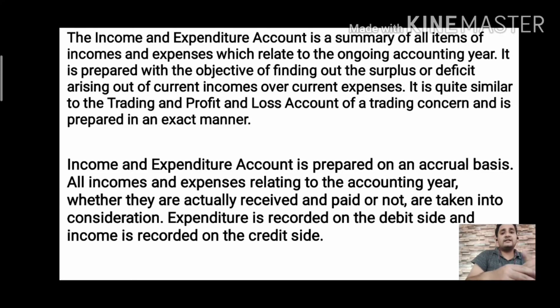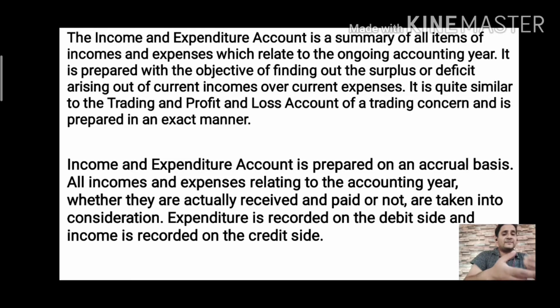Means if the accounting year starts from 1st January, then the income and expenditure account will be prepared on 31st December, on that particular year, means the last date of the accounting year. All income and expenditure relating to the accounting year, whether they are actually received and paid or not, are taken into consideration. Expenditure is recorded on the debit side and income is recorded on the credit side.